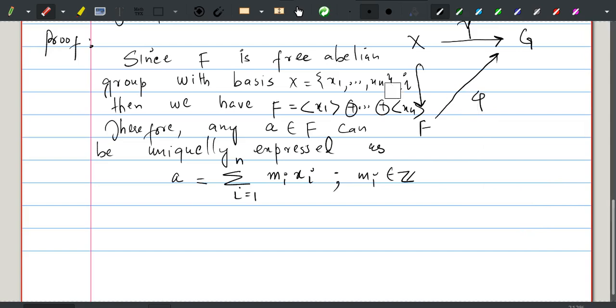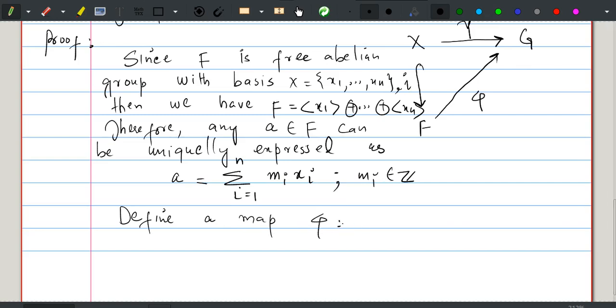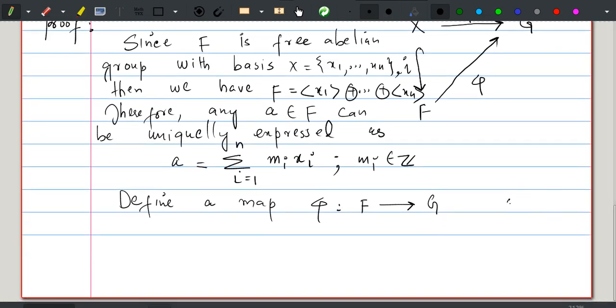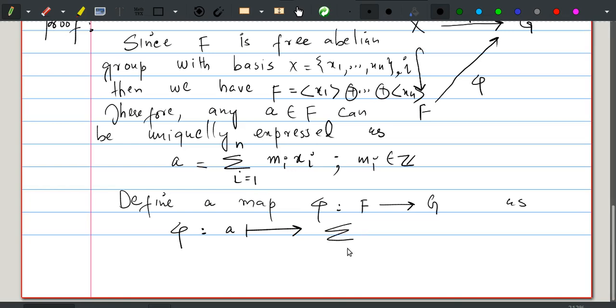Now we have to define a map phi from F to G, such that phi maps this element A to the sum as i runs from 1 to n of mi gamma of xi.